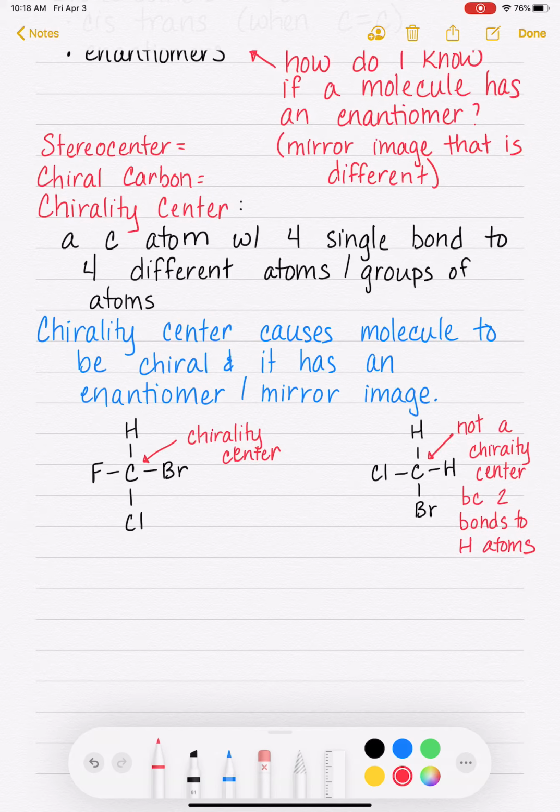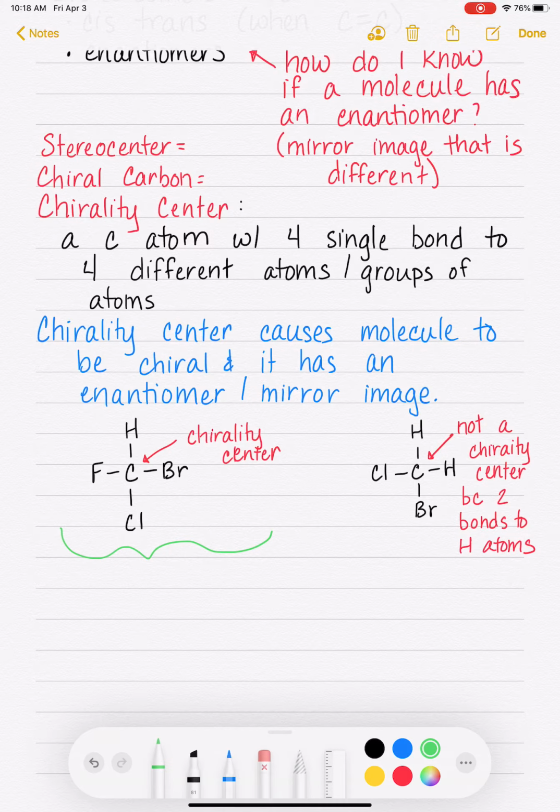And so what does that mean in terms of stereoisomers? The molecule with the chirality center, I want to say that differently.